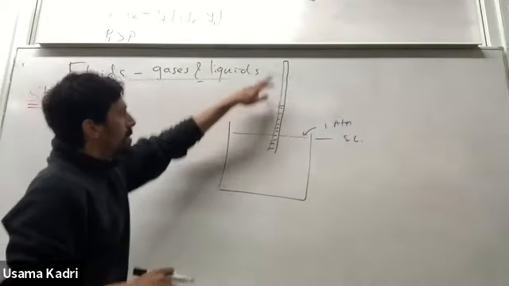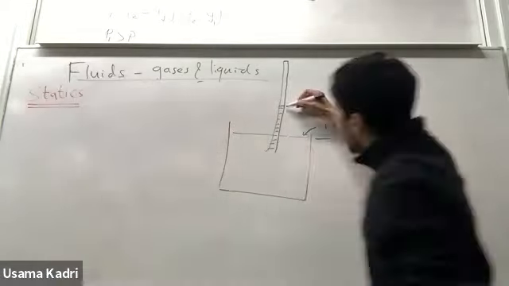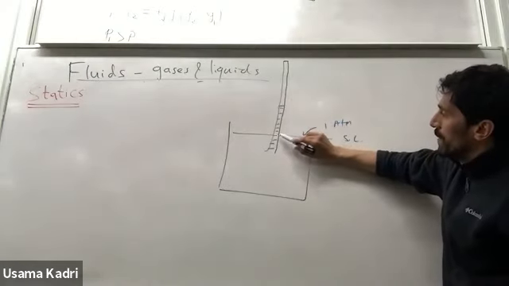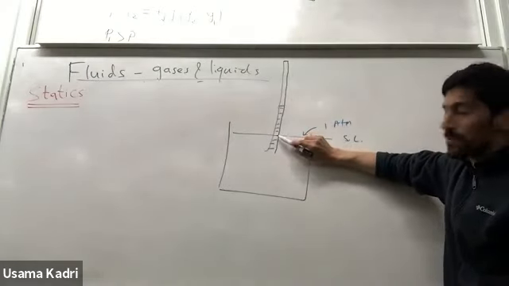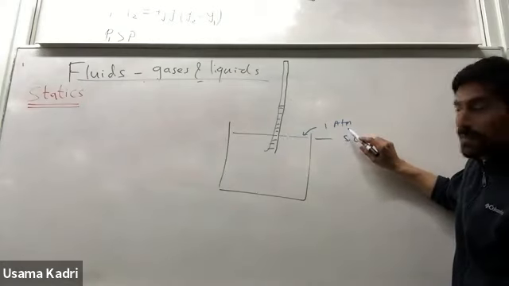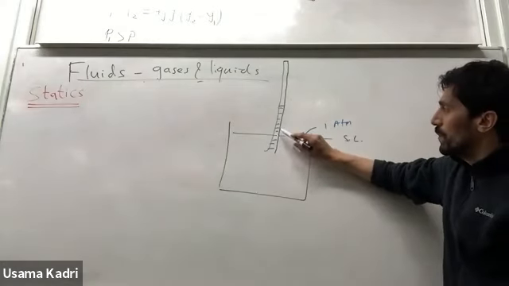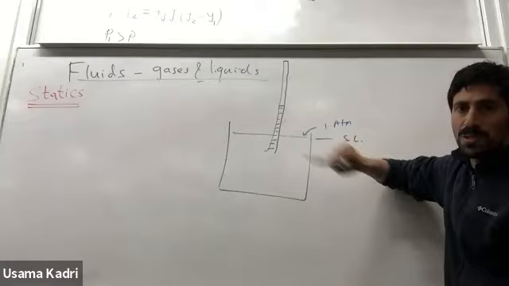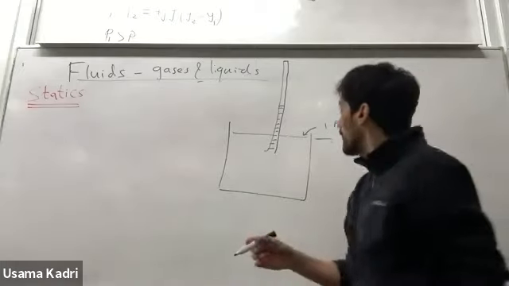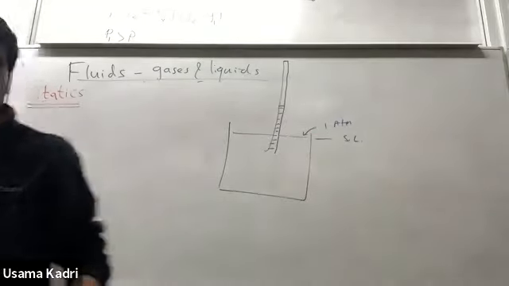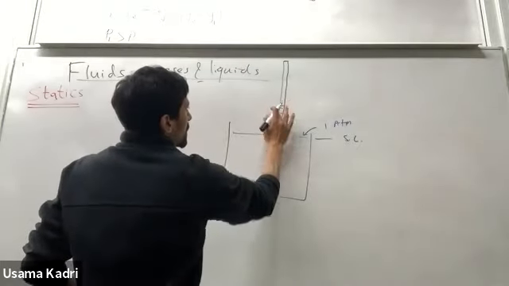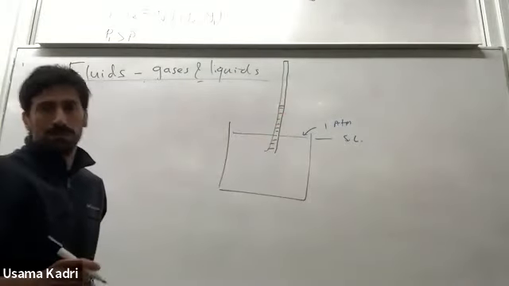Now, as this goes up, what happens here? Well, this point here at the sea level has to be at the same pressure at that point. As you go further up and up and up, the pressure goes down until at some point it reaches a limit where the pressure is 0.